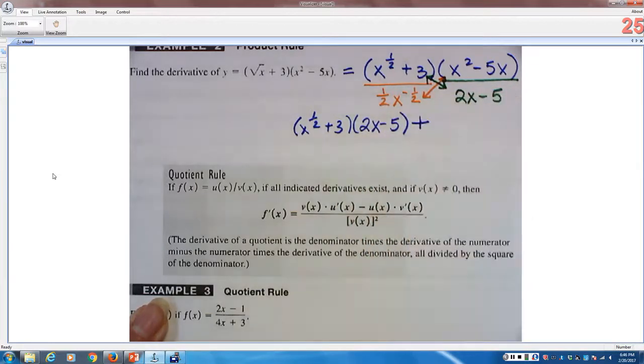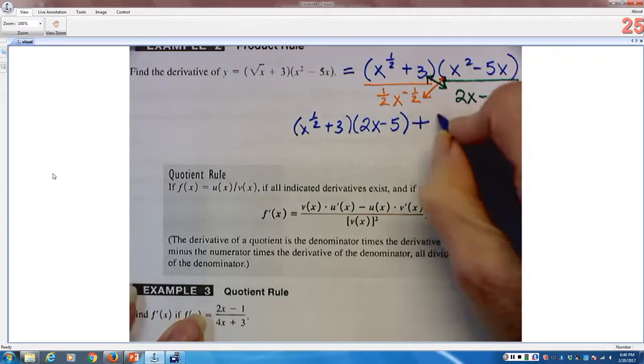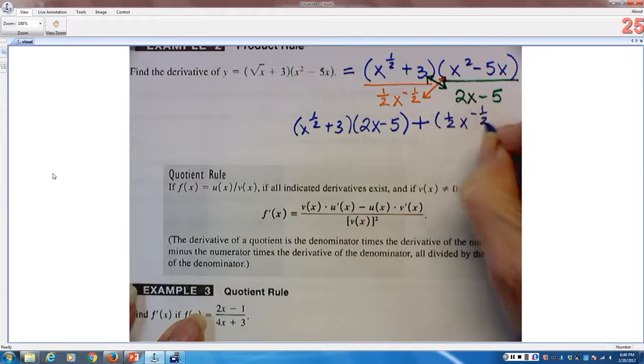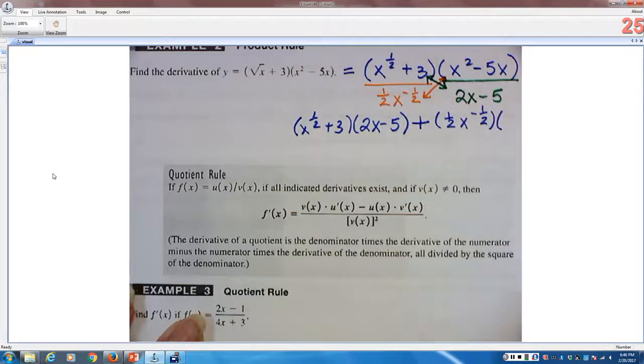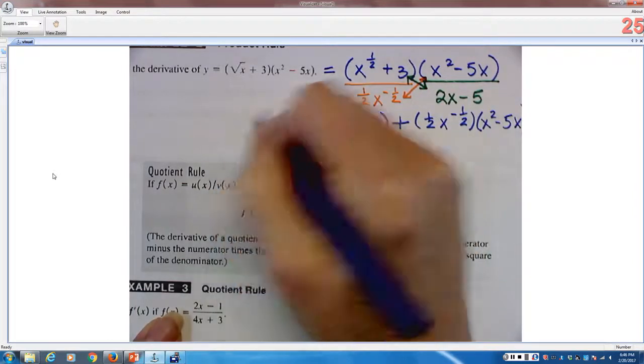And then I'm going to add 1/2 x to the negative 1/2 times x squared minus 5x. And that is y prime.